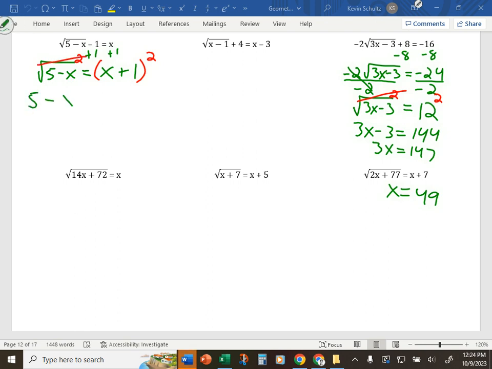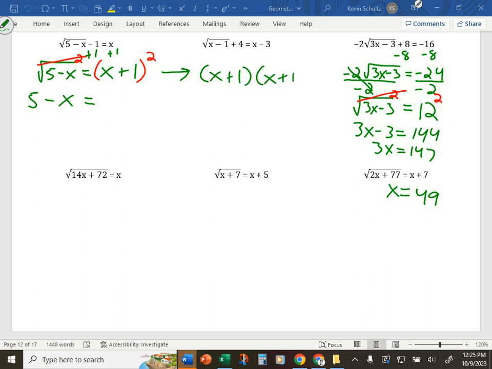That's cool. But on the right side, what do we get? X squared plus 1? Nope. It's x plus 1 squared. 1 squared does equal 1. X squared does equal x squared. But what are we forgetting?